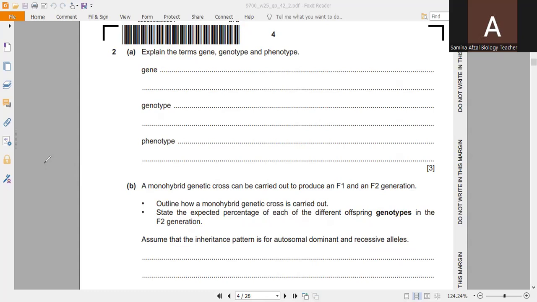So it is the basic unit of inheritance located at the specific position or locus on a chromosome. Then second, the genotype is the genetic makeup of the organisms, and phenotype is the observable physical characteristics or features of an organism resulting from the interaction between its genotype and the environment. So we have to write these 3 definitions, 1 mark for 1 definition.